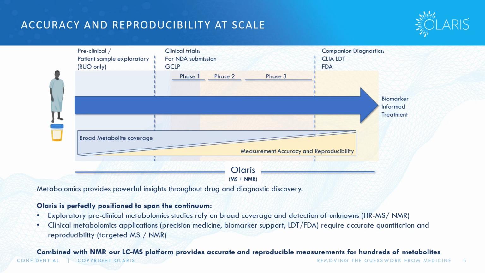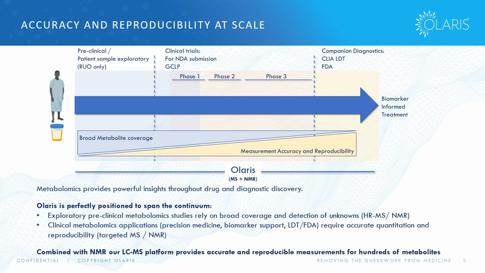And so in the earlier stage of the drug discovery, methods tend to be more focused on broad metabolite coverage. And so here you're talking about high resolution instruments and NMR. This typically comes at the expense of reproducibility.